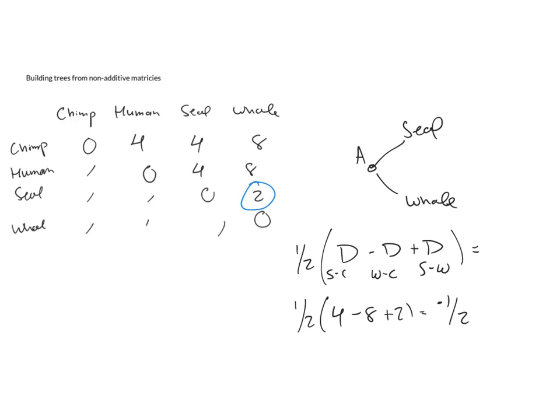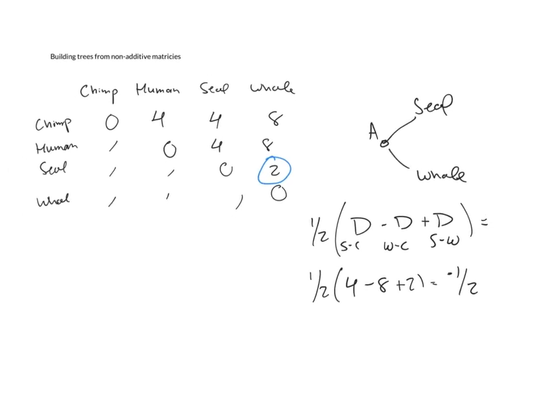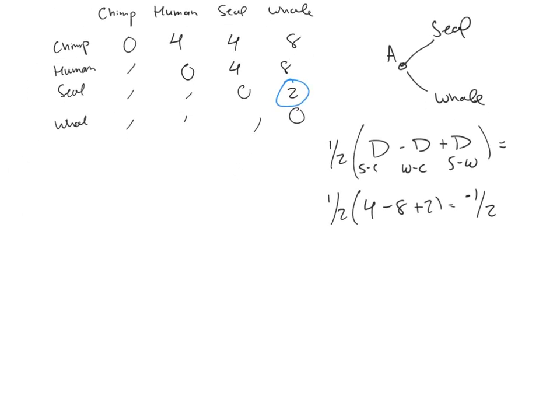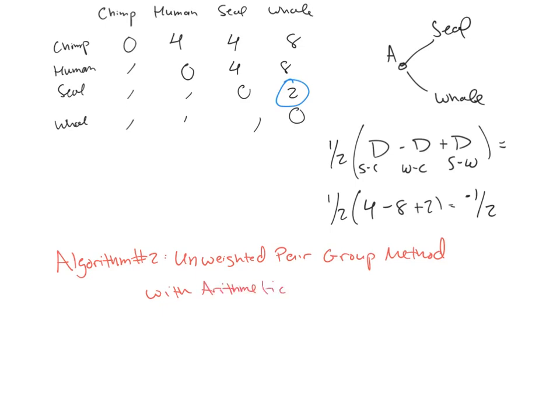And that new algorithm has a very lengthy name. So let me scroll down here. This new algorithm is the unweighted pair group method with arithmetic mean.